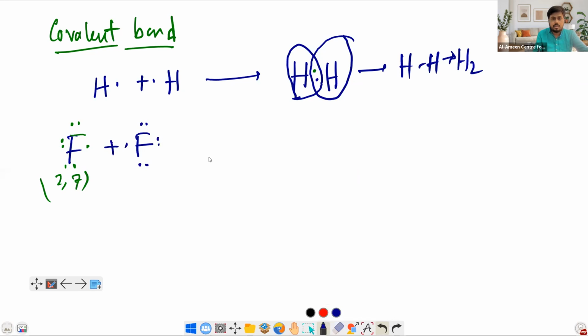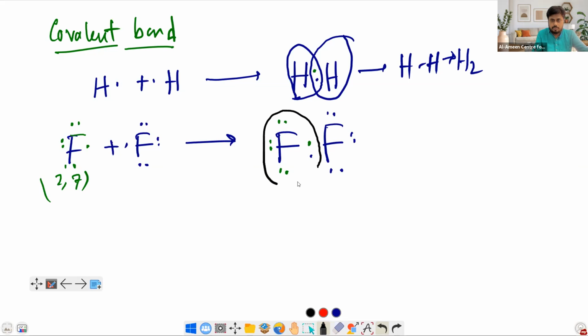So now we can draw an arrow, and now again put down the electrons here: 1, 2, 3, 4, 5, 6, 7. And this one also 1, 2, 3, 4, 5, 6, 7. Right? Now they are forming an electron sharing of equal electrons.